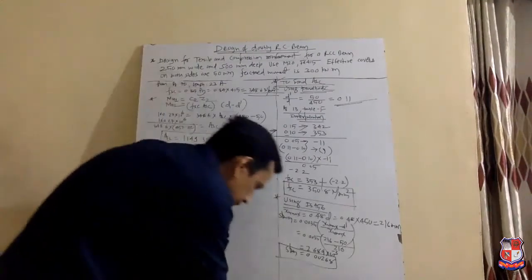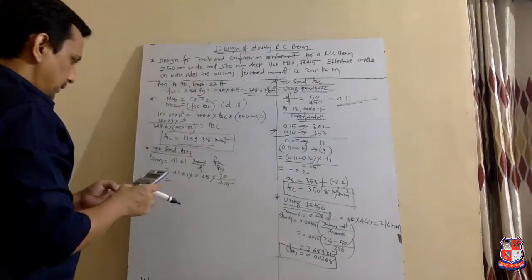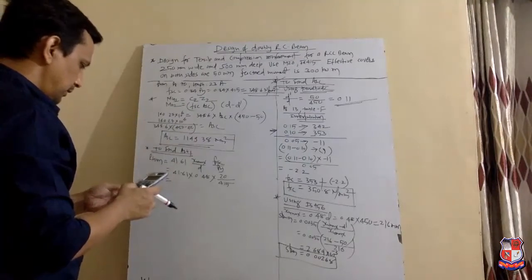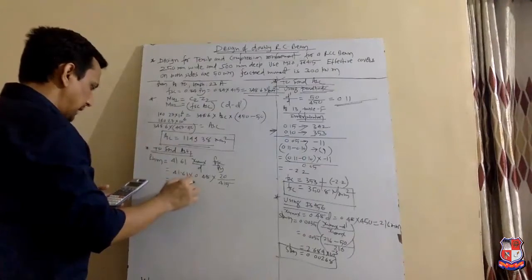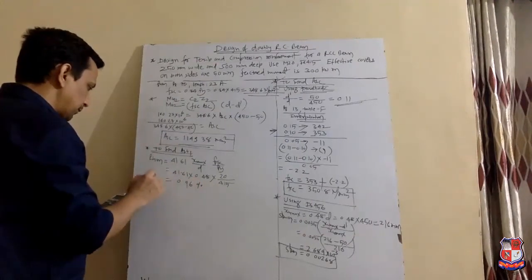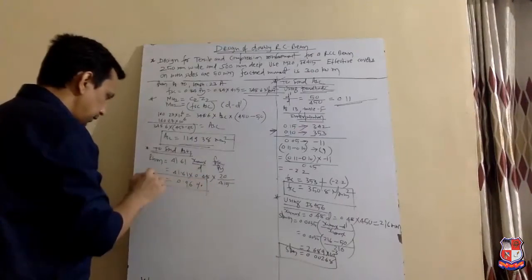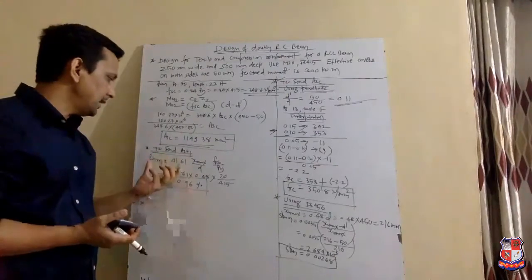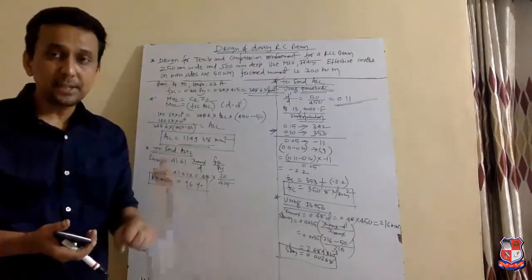Which is equal to 0.96%. So here, a question may arise in your mind: why have I written PT limb instead of PT only?